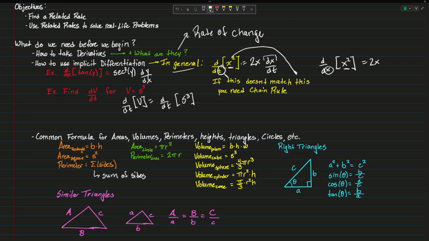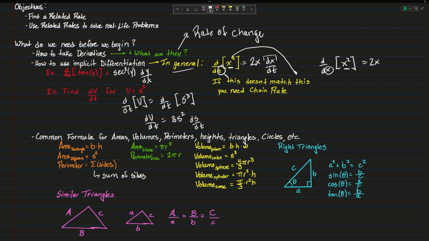And it's going to look really similar to what we just did. So dv dt, that's just dv dt. That's the change in volume over time. The derivative of s cubed, that outer function, is 3s squared, times the inner function, that derivative of s, so ds dt. And honestly, that in a nutshell is a related rate.